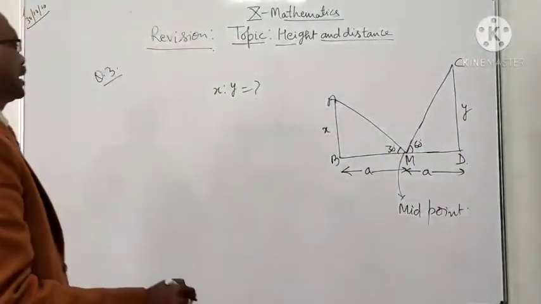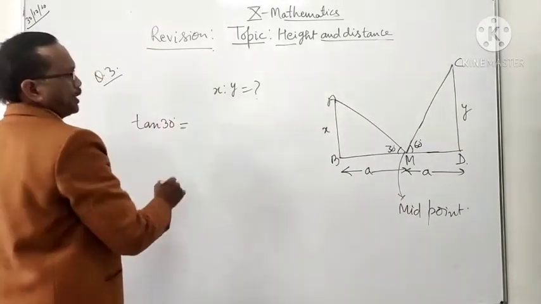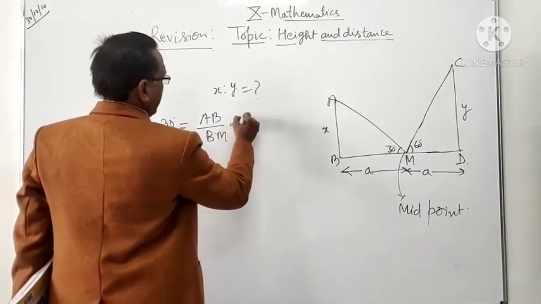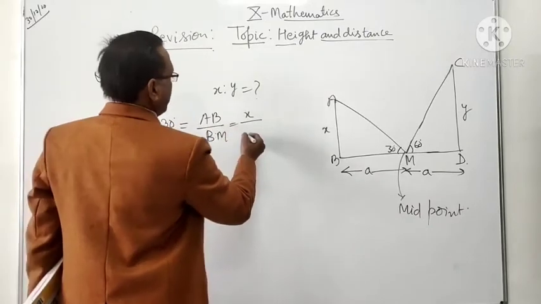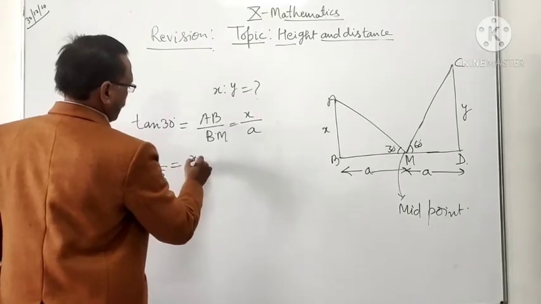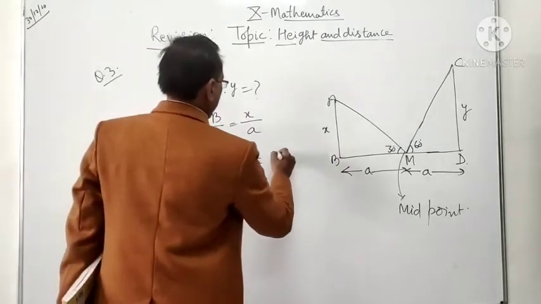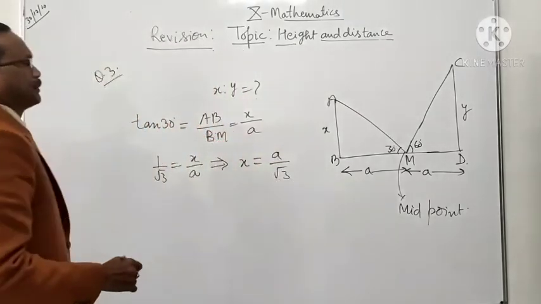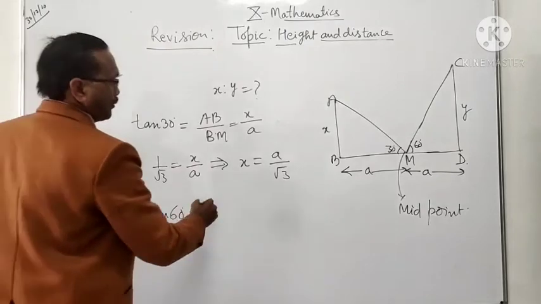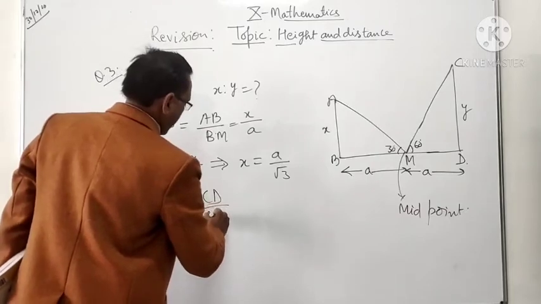Student, to find this ratio, it is better we take the tan. Tan 30 degree equals AB upon BM. AB is x and BM is A. Tan 30 is 1 upon root 3. So it is x upon A. From this we will get the value of x. X is A upon root 3. Similarly, we will find tan 60. It is y upon A, or CD upon MD.